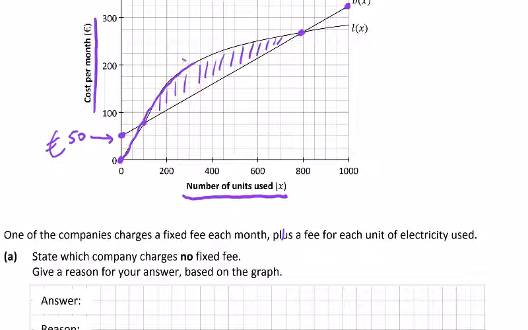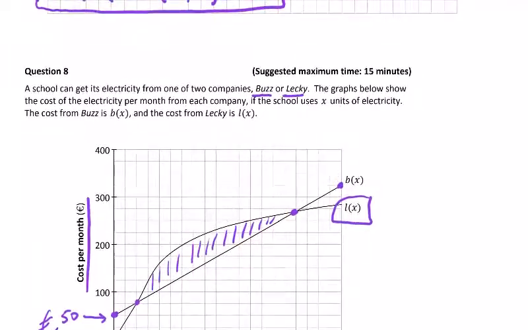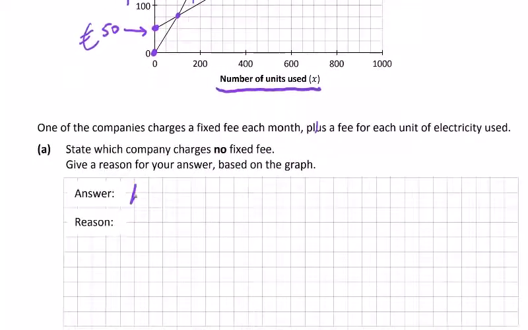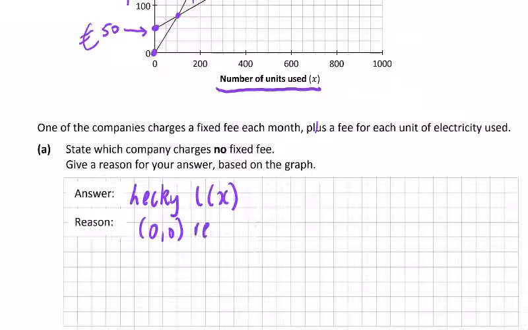The curvy one is L of X. And just go back up and check. L of X is Lecky. So write down Lecky, L of X. Just the name of the function, L of X, and the reason: 0, 0 represents no fixed fee.